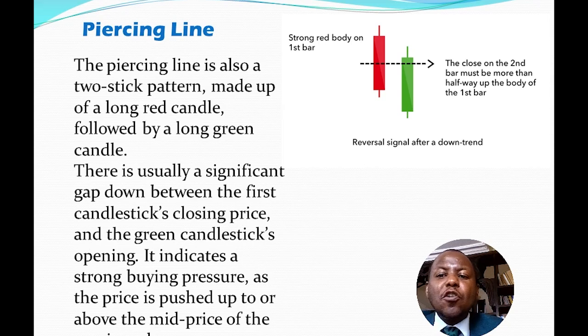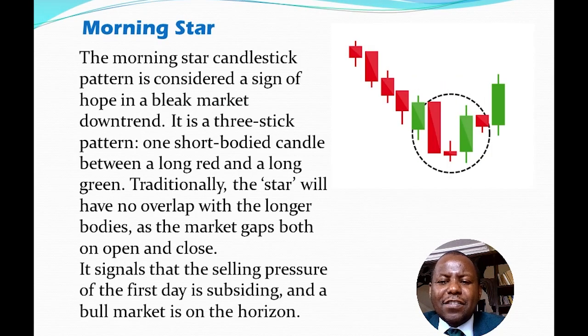It indicates strong buying pressure as the price is pushed up to or above the mid price of the previous day. So what causes this to be called a piercing line is that buying pressure, and the price is pushed up. All these candles have something that they are saying.